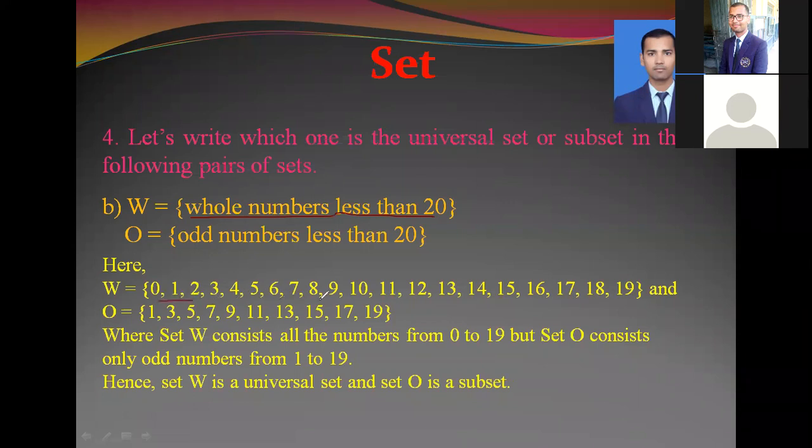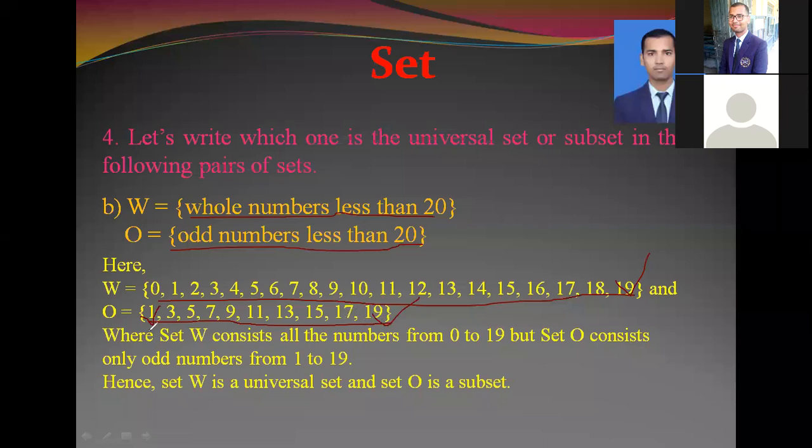So from 0 to 19 are the elements of W. Set O is only the odd numbers less than 20. The last odd number less than 20 is 19, and odd numbers start from 1. So the elements are 1, 3, 5, 7, 9, 11, 13, 15, 17 and 19.